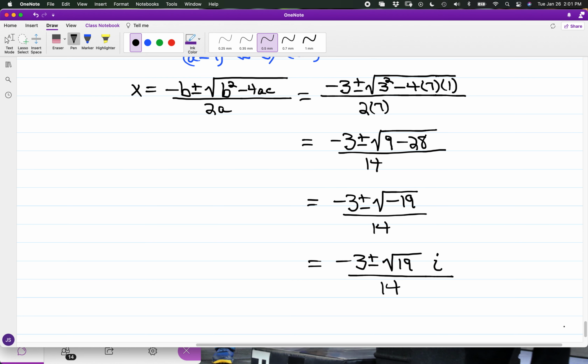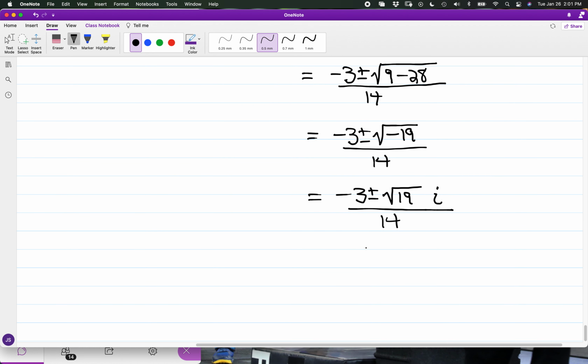You have all over 14, and there are some other ways you can express this. This is the compact notation.